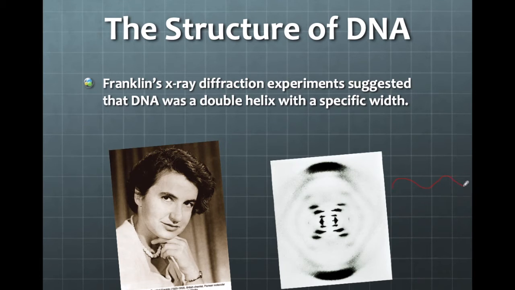This is the picture we usually see with our double helix, and then we have our base pairing inside the double helix. If we keep going, we make it a three-dimensional model.